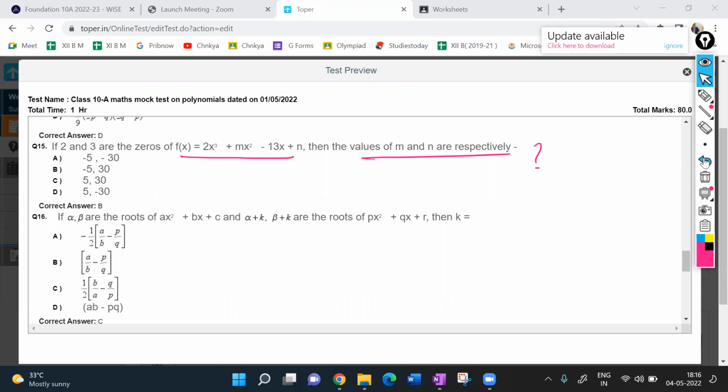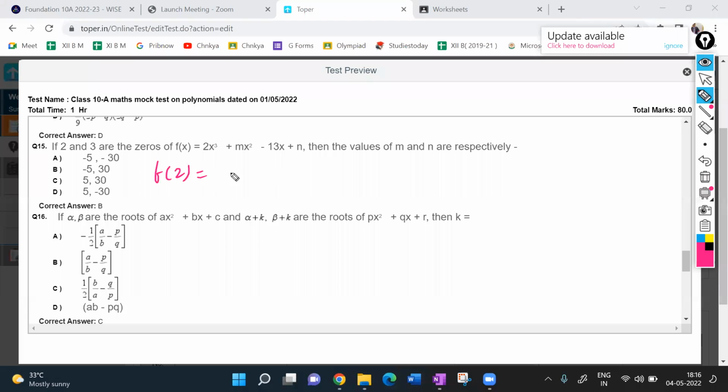I equated P of 2 and P of 3. Why do we have to equate them? Because P of 2 is 0 and P of 3 is also 0. Yes, both are zeros. So we substitute both zeros in the given polynomial and equate in order to get the m and n values. Correct?